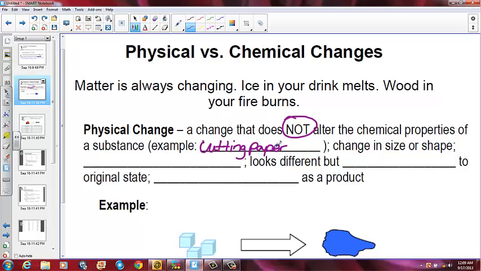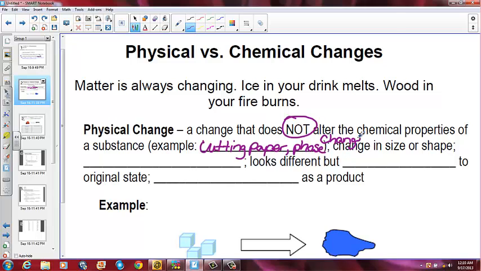You're just cutting it into different tiny little pieces. Another example would be a phase change. So from solid to liquid and liquid to a solid, which would be like freezing, obviously.